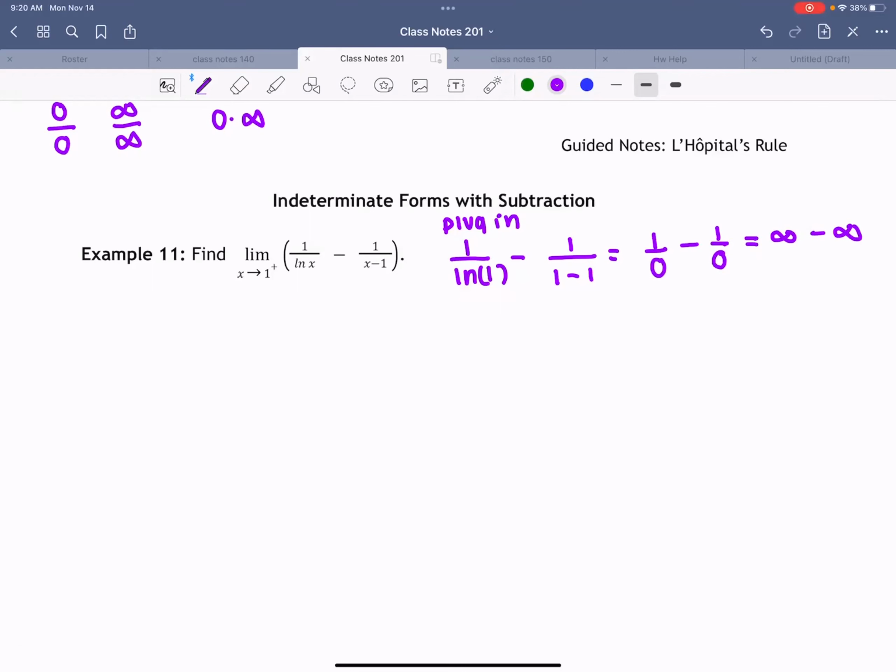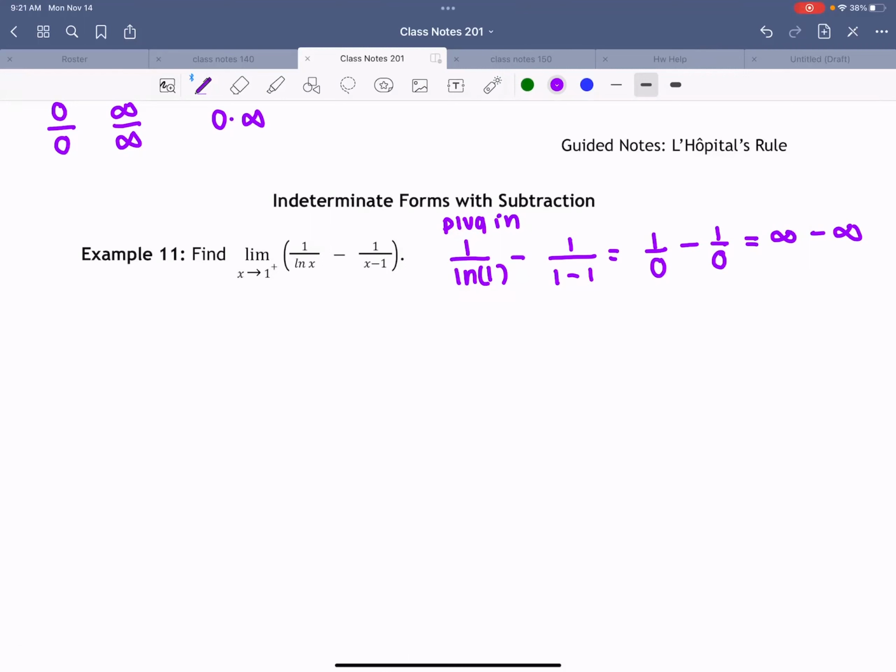Now, when we see this, this is actually another indeterminate form. It's kind of weird thinking about this because you would think infinity minus infinity is 0, right? I'll tell you, if you go to a future math class, there are different sizes of infinity. Sometimes you can subtract 2 infinities and get a number. Sometimes you subtract 2 infinities, you get a 0. So I'm going to leave it at that.